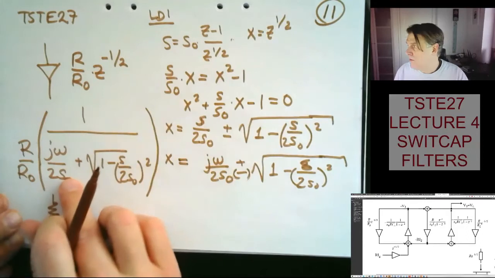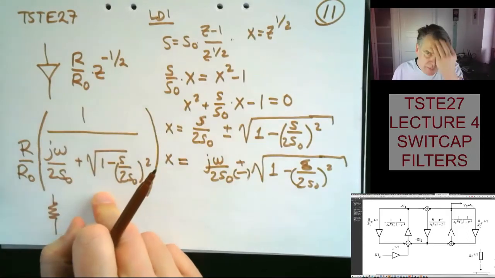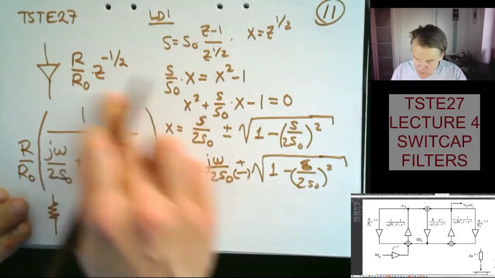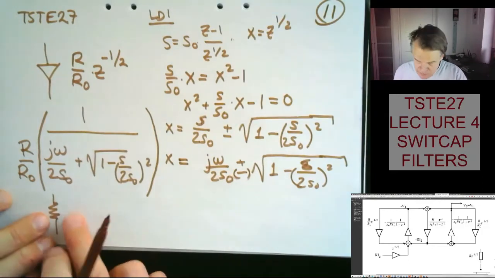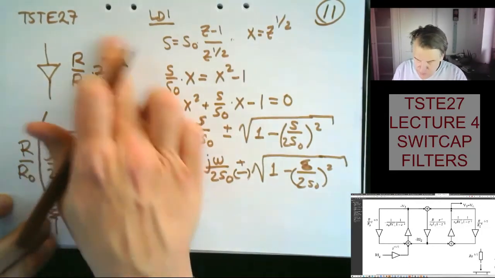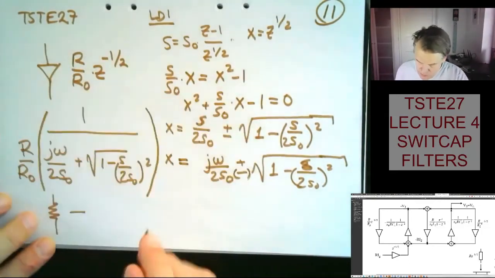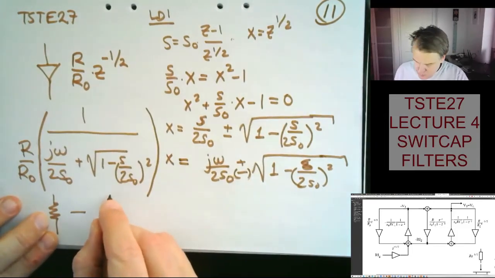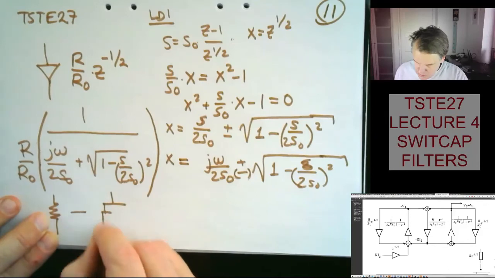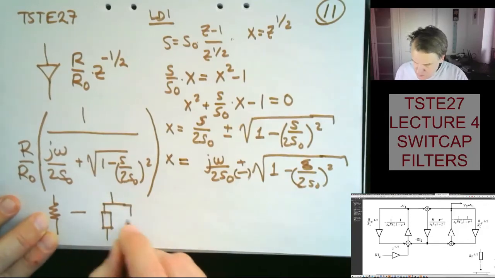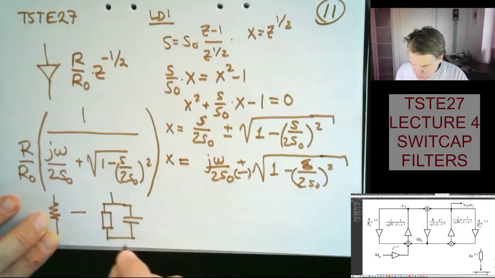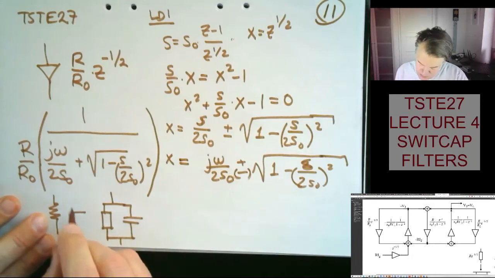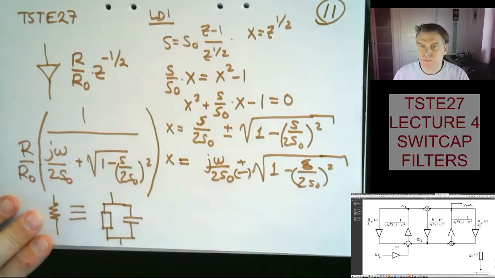That's equal to this expression somehow. That implies that this R is in fact, or this product is a resistor in parallel with a capacitor. So these two guys are equivalent, more or less.